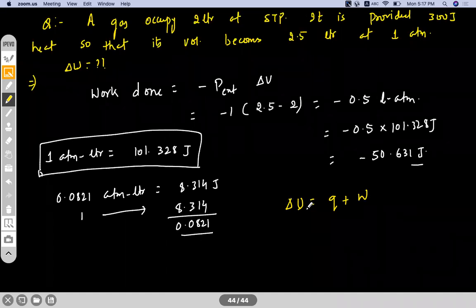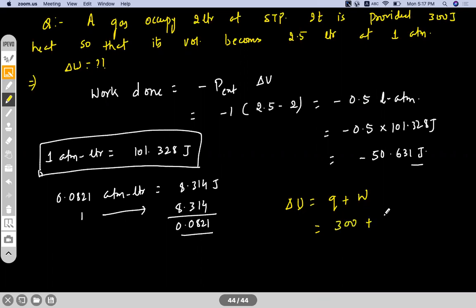We need to find out what? Change in internal energy. So Q is 300 joule of heat provided, and then work done is minus 50.631 joule.